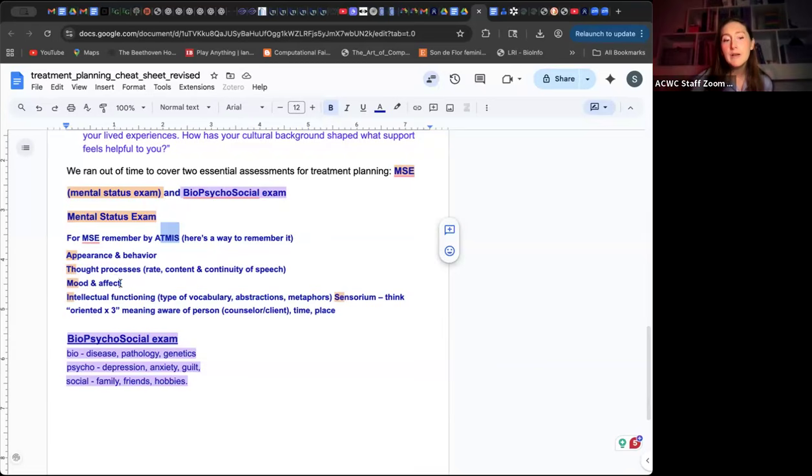Now, mood and affect can sound similar, but they're different. Mood is what the client reports to you, right? They come in and you check on them for the week and they're like, well, yeah, I'm actually feeling pretty happy this week, right? But the affect is what you're noticing about the client.